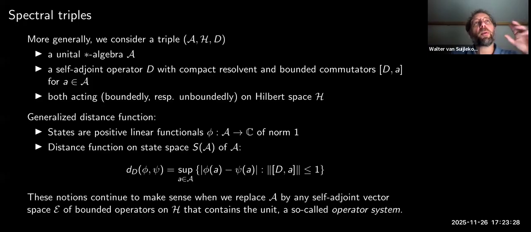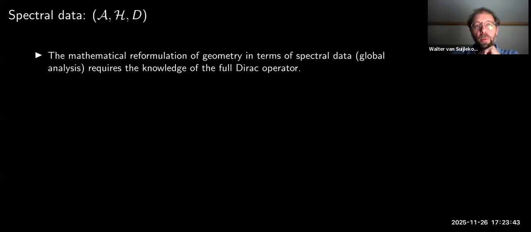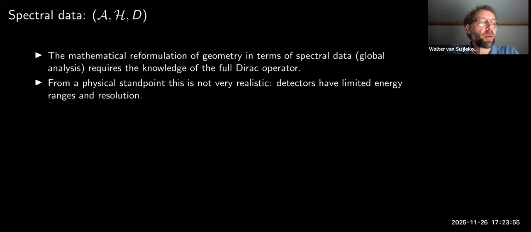So one thing I wanted to reflect back on is that what you actually need is quite a lot, in a sense. This is spectral data we need. You need this whole Dirac operator, and if you think about eigenvalues, maybe written out in an eigenbasis, then you need all this information. If you think about physics, that may not be very realistic.